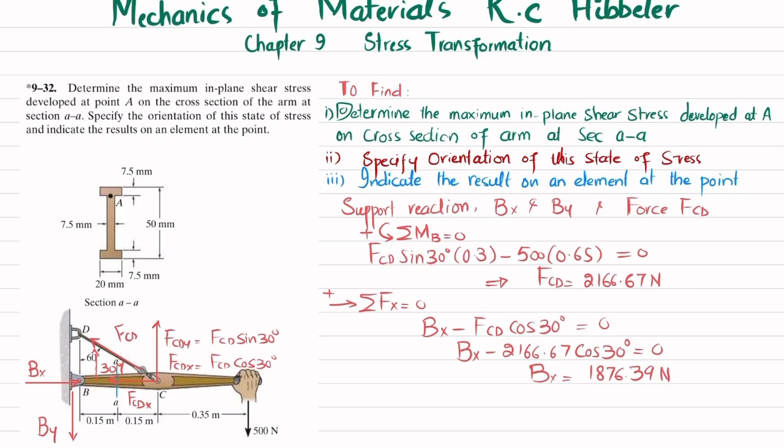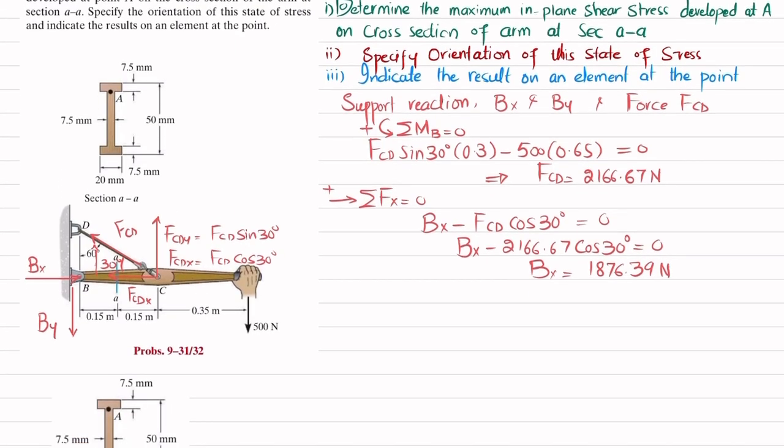Now you can find By by using the third equation of equilibrium, that the sum of all forces along the y direction must be equal to 0, with upward force taken as positive. So there are three forces: By, the FCDY component, and the third one, 500. Their sum must be equal to 0.